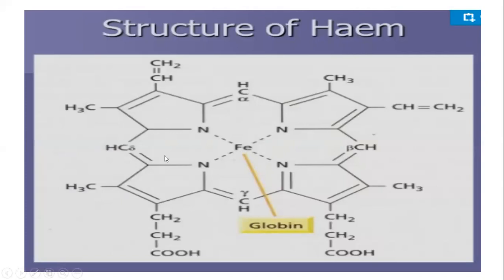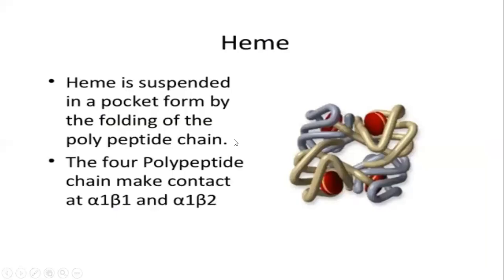That heme, as I did mention, is suspended in each of the polypeptide chains, so each polypeptide chain would have a heme component. Each hemoglobin has 4 polypeptide chains, as we did mention. It's a tetramer, so each of these tetramers will have 4 heme components.